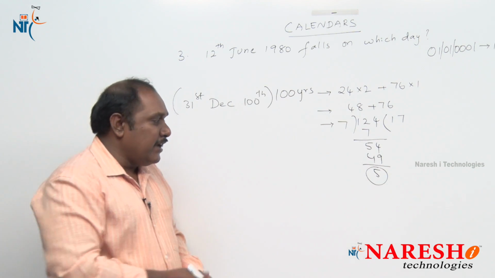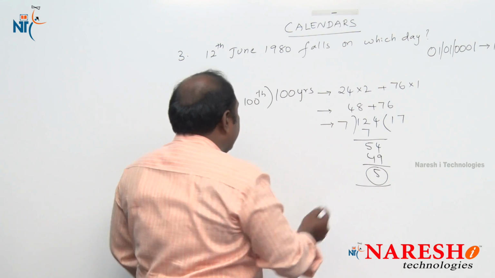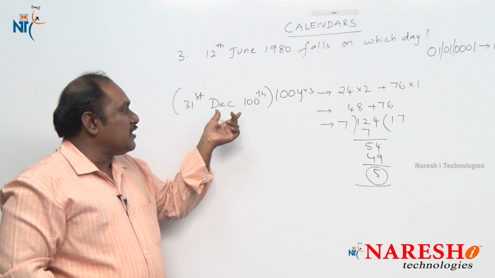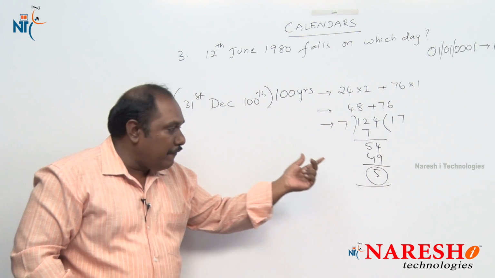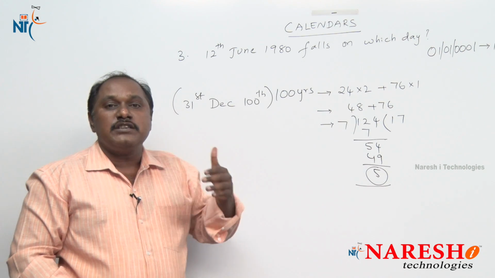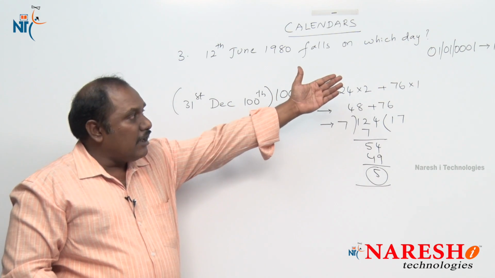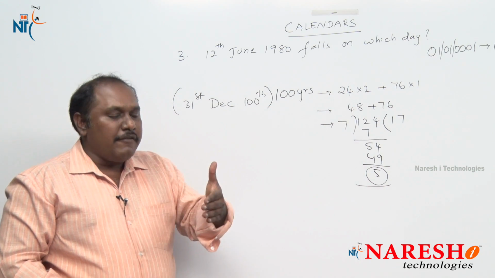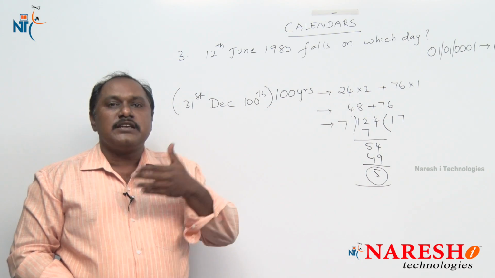Now logically speaking, when there are 5 odd days till 31st December of the 100th year, on which day should 31st December of the 100th year fall? We know that our week starts with Monday and ends with Sunday. So every week's first day is Monday and last day is Sunday.